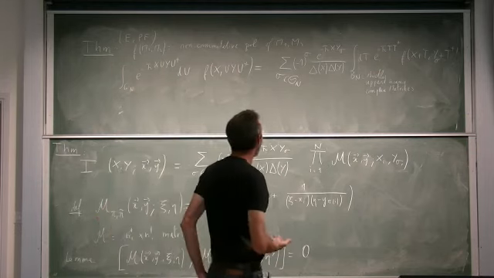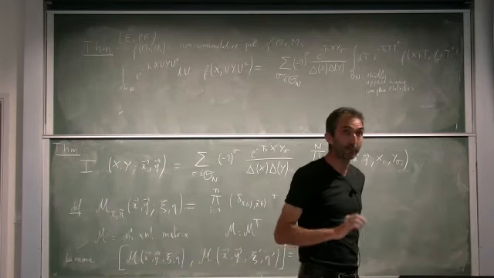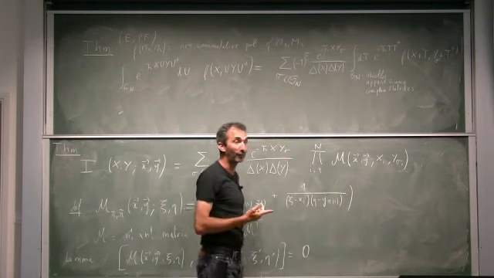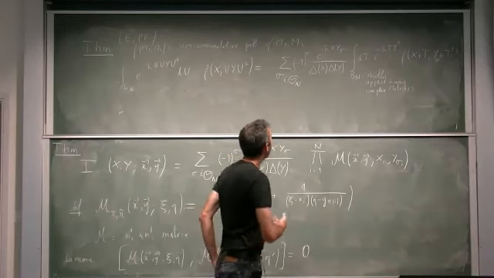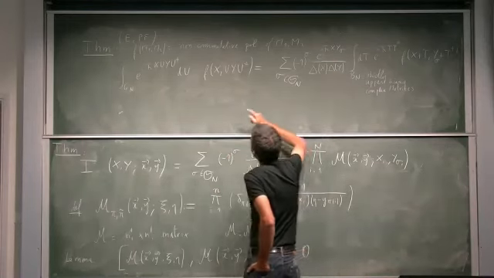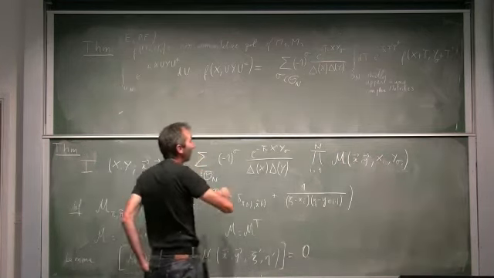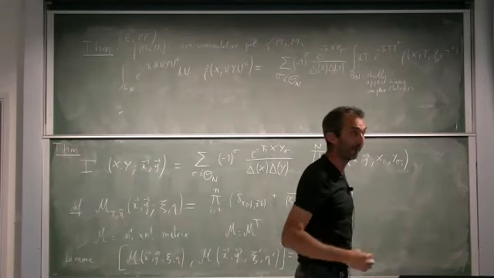And the critical values of U are precisely the unitary matrices that correspond to permutations. So this sum over permutations is in fact the sum over critical values. And this is really what the Duistermaat-Heckman formula does. This exponential is exactly equal to that evaluated at the critical value, and the denominator is, let's say, the second derivative.